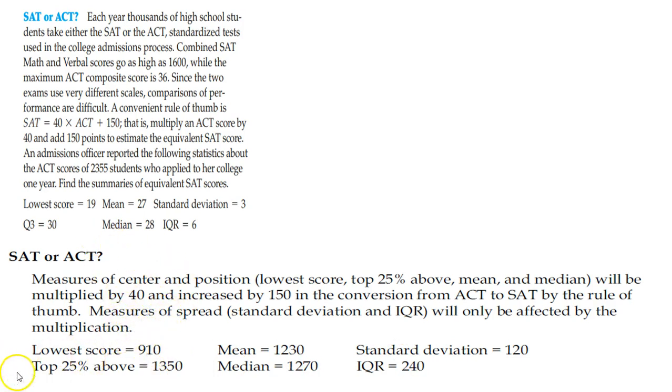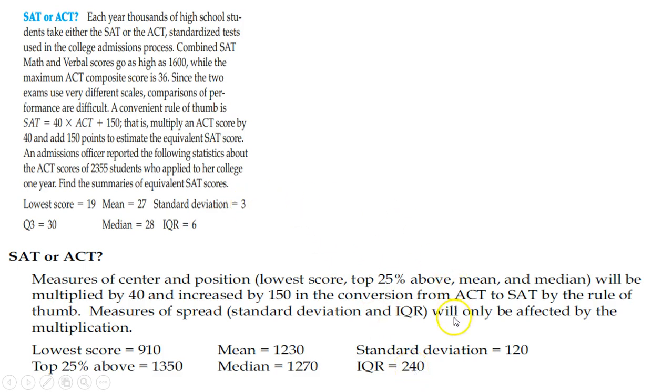All right, so just things to think about. The example here is, if I take this 19 and multiply it by 40, then I add 150, I will get this. The same with the mean, the same with the median, same with all that. But the point is, with these right here, these aren't going to change. Notice how I just take this and multiply it by 40. That's it.